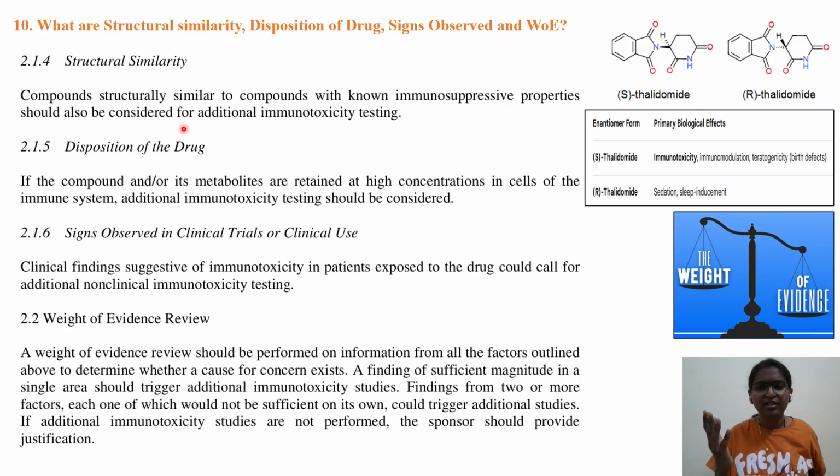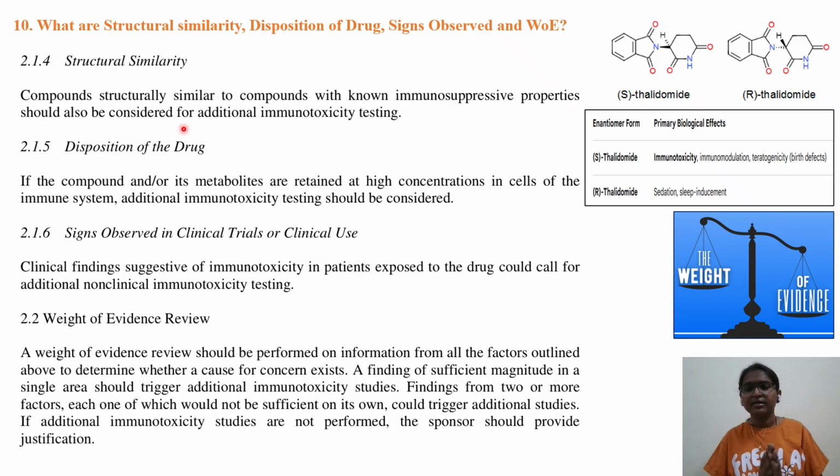So whenever you are developing a new drug, you have to also check the structure of that particular investigational drug. If it is similar to that of the existing generation of the drug, and that existing drug is already having immunosuppressant or immunoenhancement properties, you can already assume that whatever the new drug you are developing might also have some immunotoxicity. Okay, you can add that particular parameter also to your battery of toxicology studies.